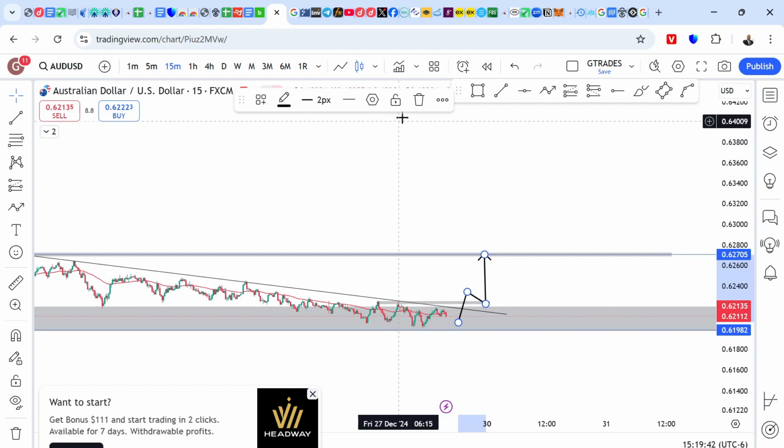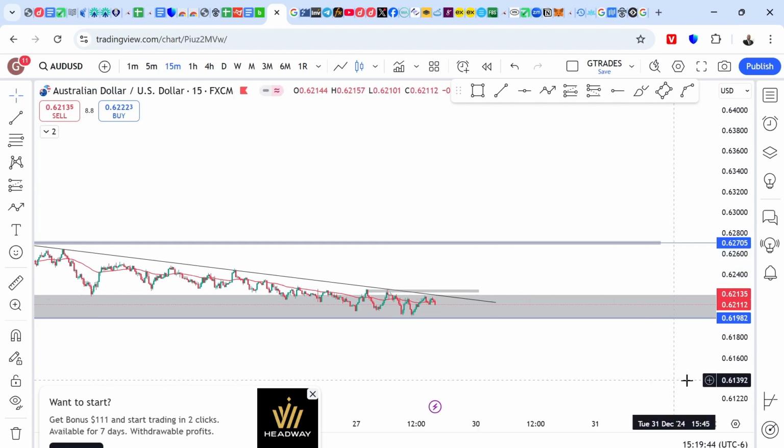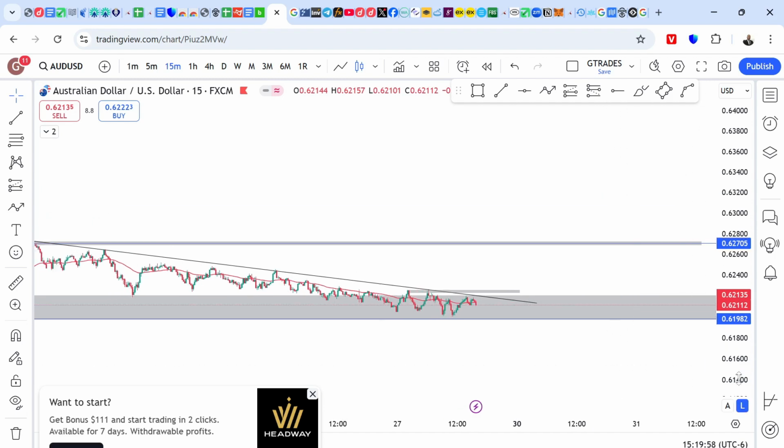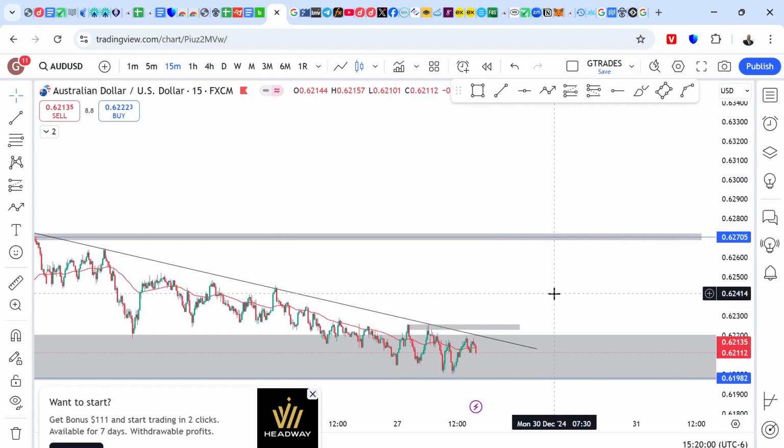Altogether, you would have made close to over 1,500 pips just trading AUD USD. You see, one pair alone has the potential to make you rich, right? You don't need to be looking at so many pairs. Just know the pair that is trending and follow the pair bumper to bumper. This is how you can make money coming 2025.